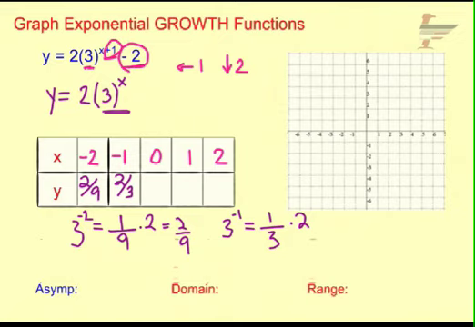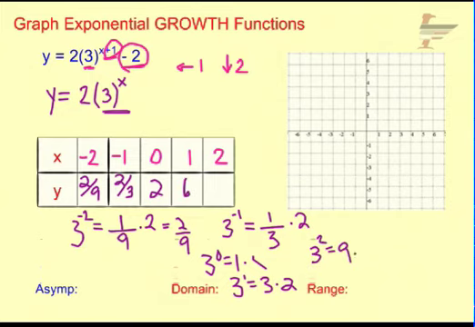Now 3 to the 0 power equals 1, and then times that 2, we have 2. 3 to the first power is 3, times that 2 is 6. And then 3 to the second power is 9, times that 2 is 18.